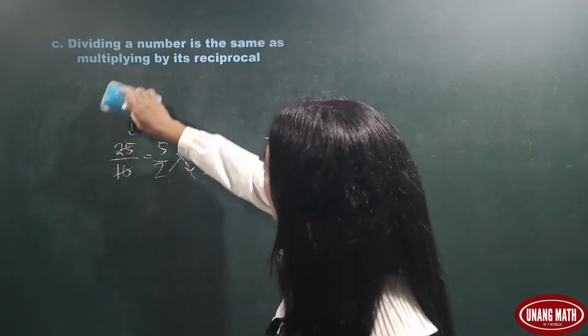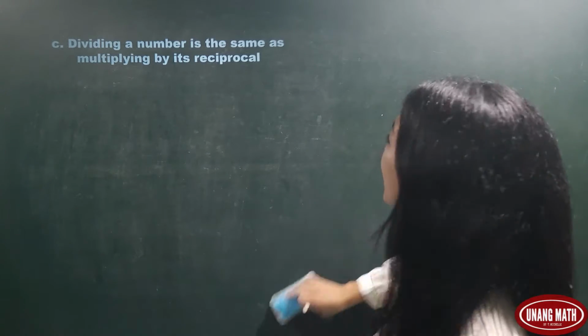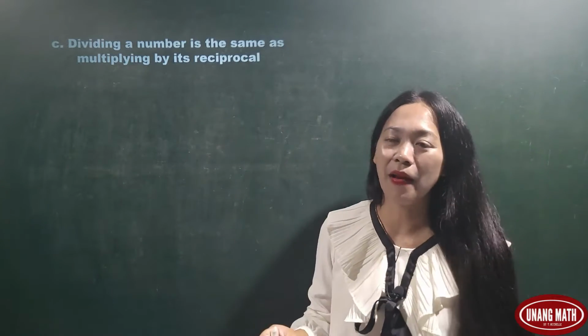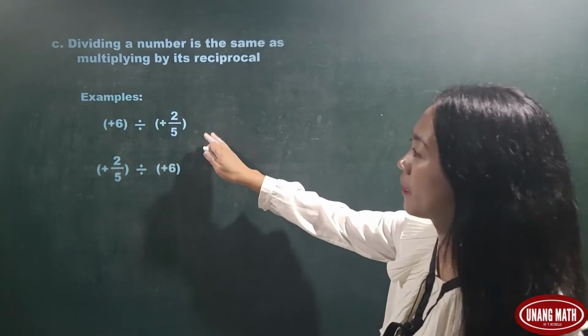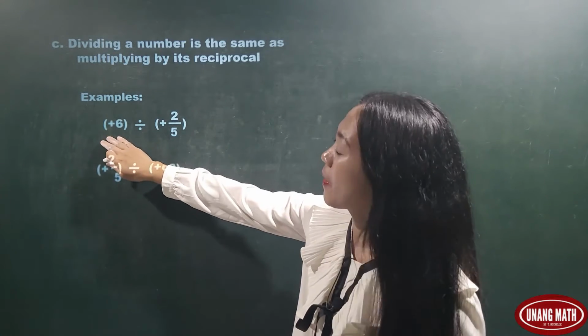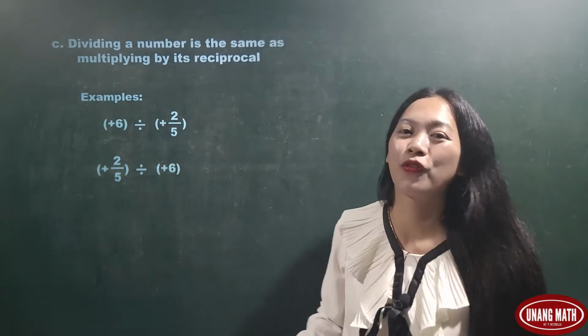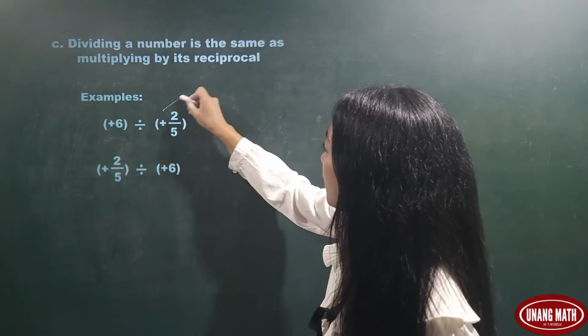This time, let's talk about dividing a number, which is the same as multiplying by its reciprocal. What does this mean? Let's give an example. The first example is positive 6 divided by positive 2 over 5. Some students will answer this problem this way.